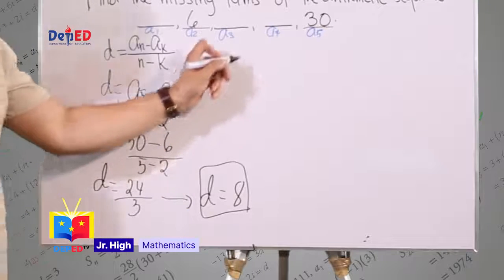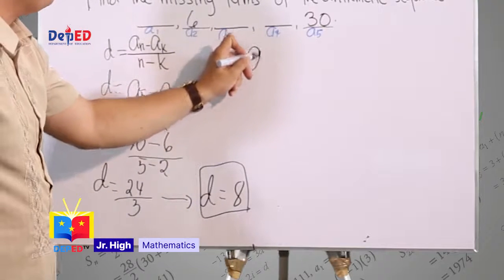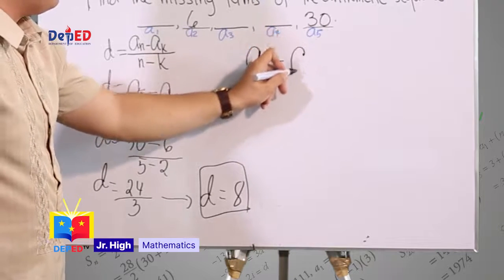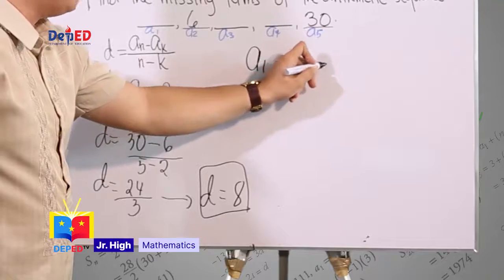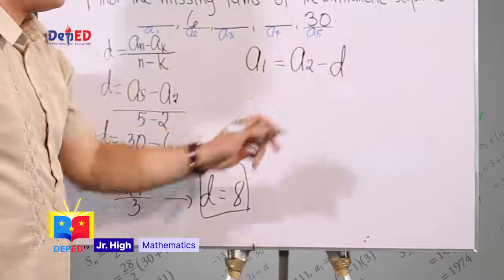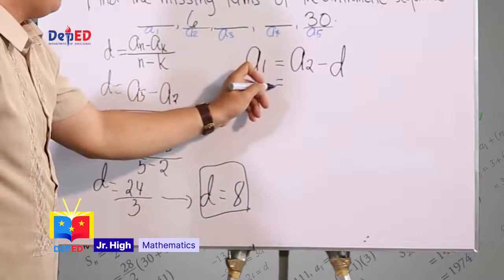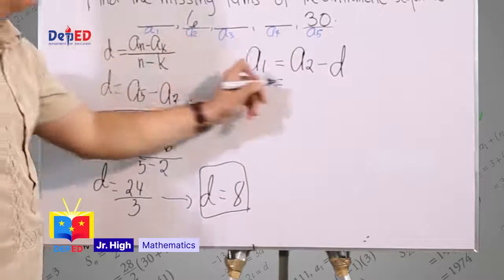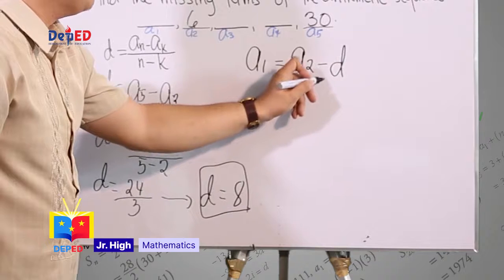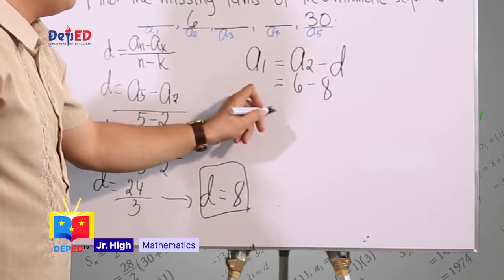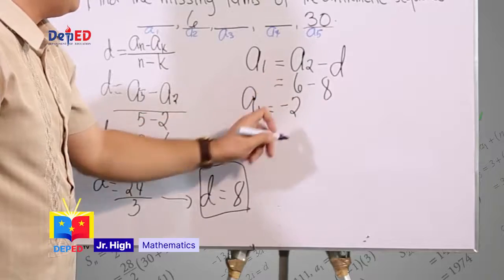For a sub 1, or the first term, that is equal to the second term minus the common difference, which is 8. A sub 2, which is 6, minus the difference, which is 8. Our first term now is equal to -2.